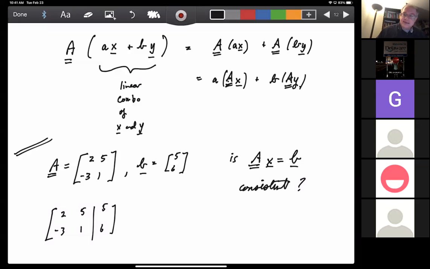So is that going to be consistent? Are there solutions, or is it inconsistent? There's no solutions. Okay, so somebody says consistent. Do people agree with that? So how do we know it's consistent?